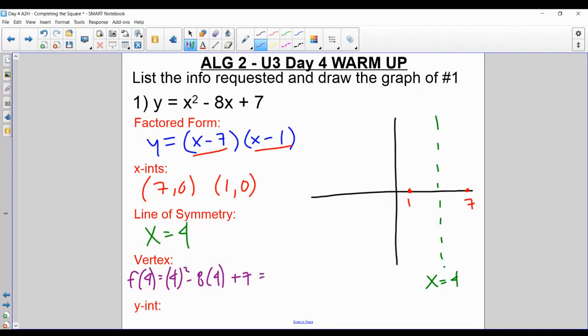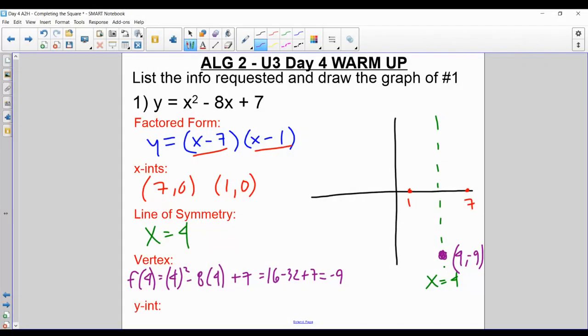So we've got 16 minus 32 plus 7. So we've got -16 plus 7, so that is -9. So I would have a point down here at (4, -9).